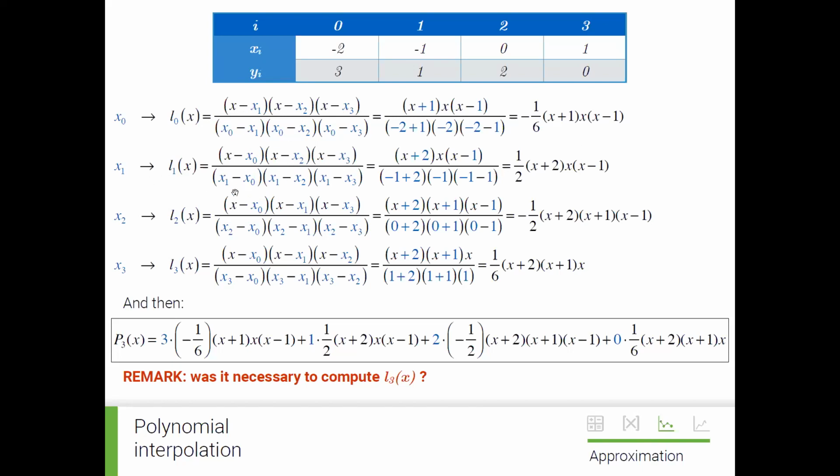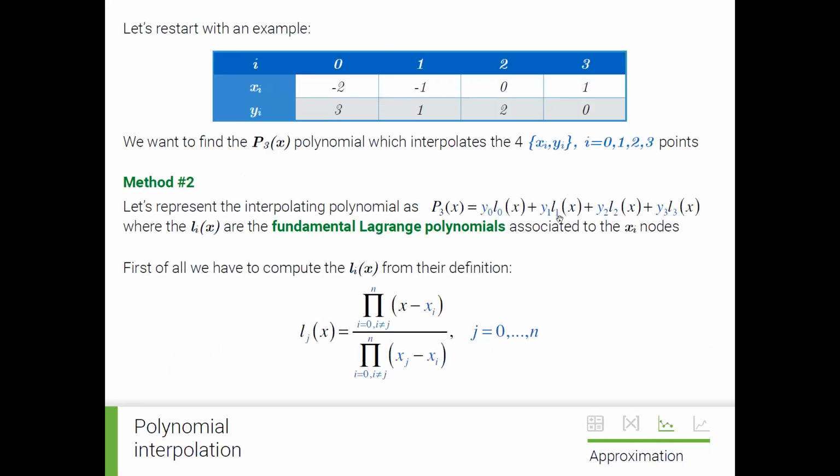But in the denominator, it will be x1 minus x0, x1 minus x2, and x1 minus x3. So after replacing the corresponding values, we'll get here 1 over 2, 1 over 2, x plus 2 times x minus 1. So this is now the second coefficient of this polynomial, L1.